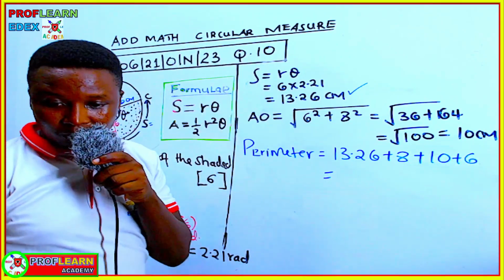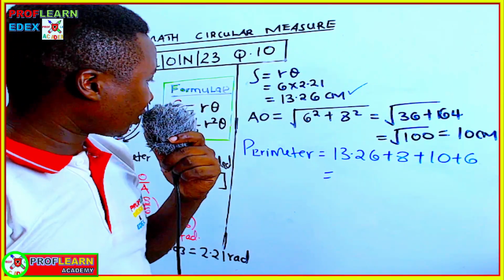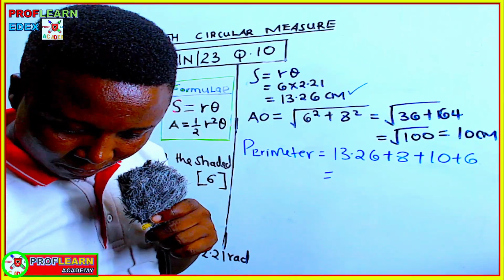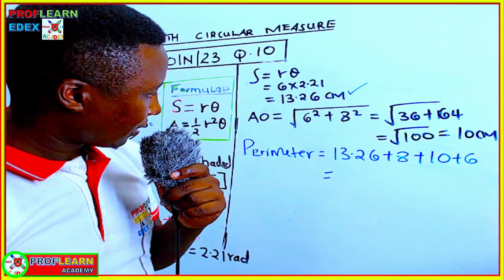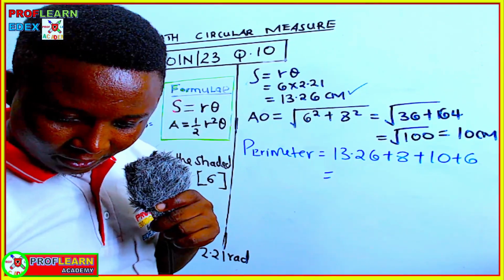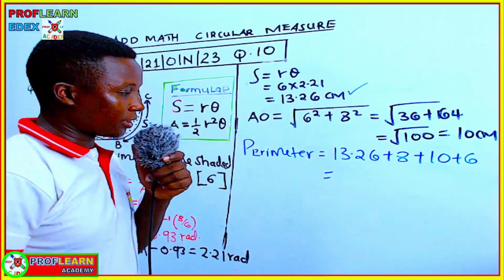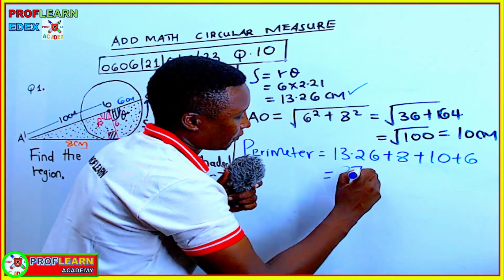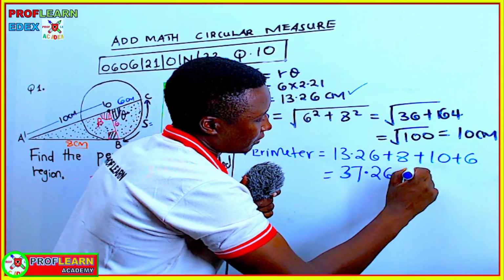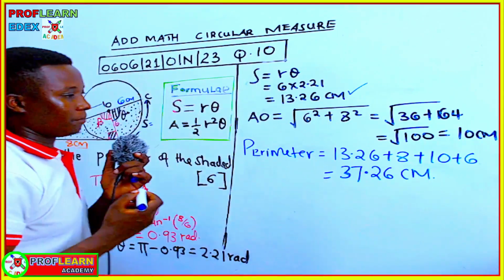Let's see what we are going to get. That is 13.26 plus 8 plus 6, then plus 10. I'm getting my value as 37.26 centimeters as the perimeter.